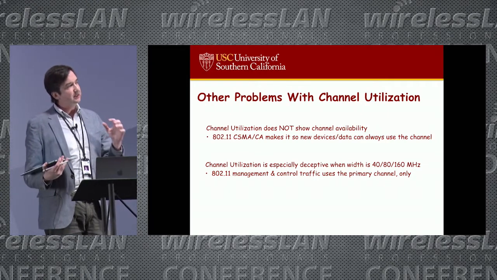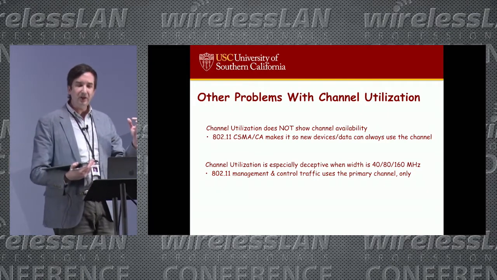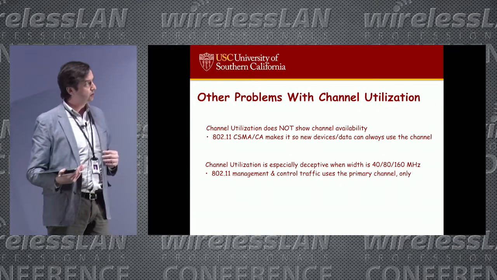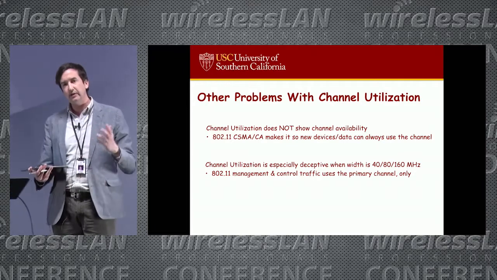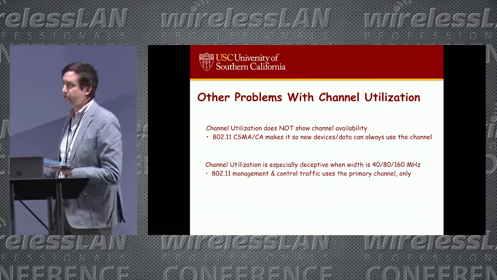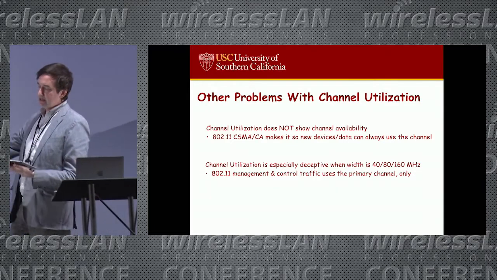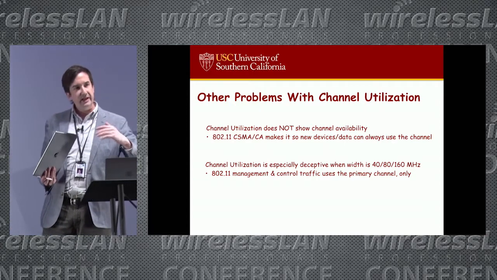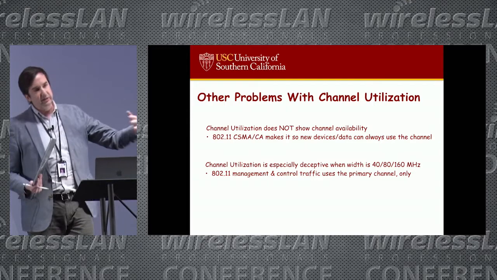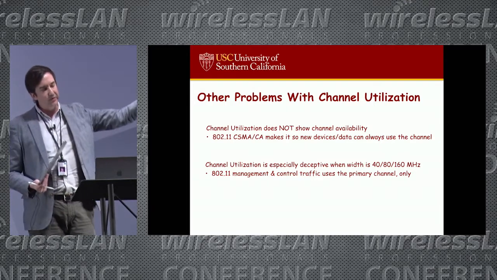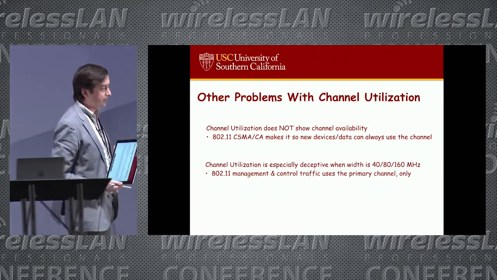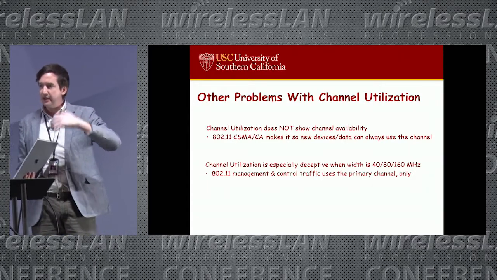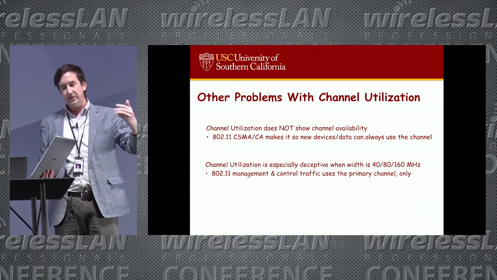I mentioned a couple of other things to note about channel utilization. Channel utilization does not necessarily show channel availability, just because of how the 802.11 protocol works with CSMA/CA, carrier sense multiple access with collision avoidance. This was touched on earlier in one of the presentations, but every device on a channel, I was using channel number 157 back there, is going to essentially get an equal opportunity to access that channel.